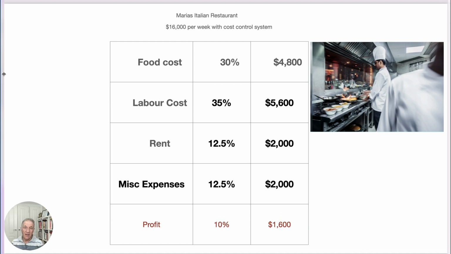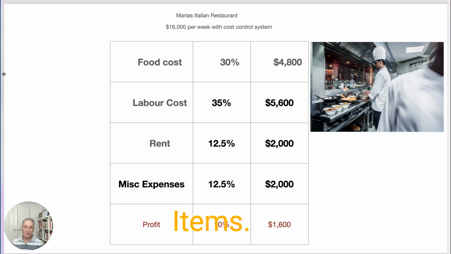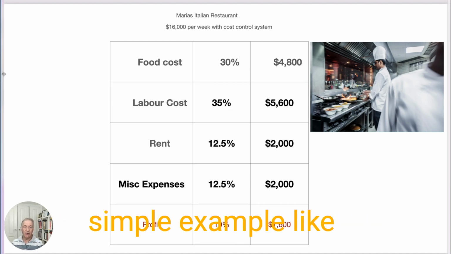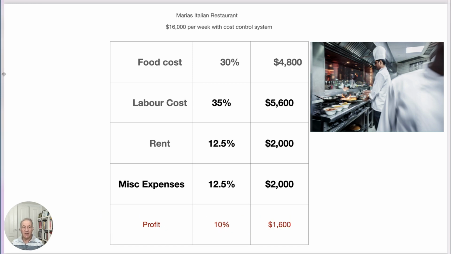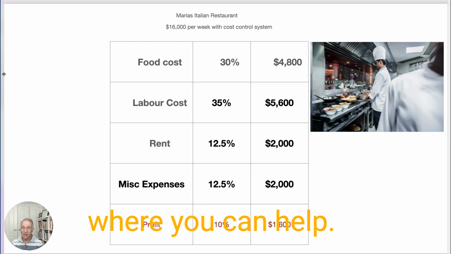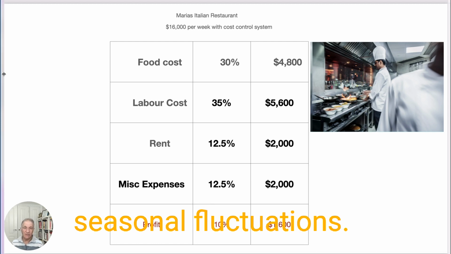But if you operate this sort of system throughout the whole restaurant, you employ the other items in the cost control system, you can see by a simple example like this how it would keep your margins reasonable, even in bad situations where you can't help it, whether it be bad weather, seasonal fluctuations.